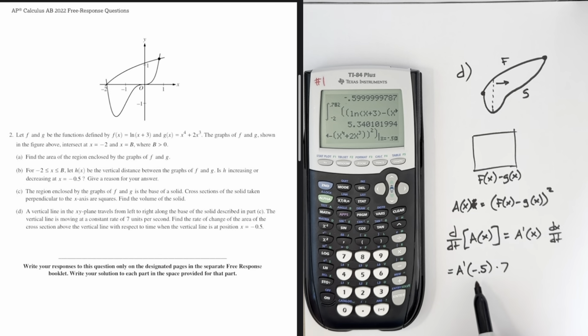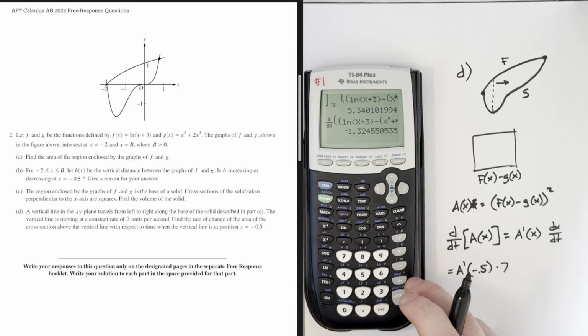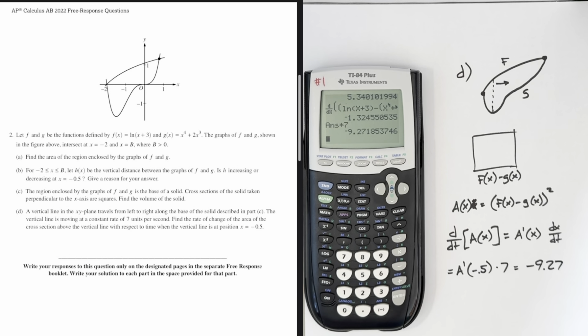Okay? And this will give me the value of A prime of negative 0.5. I click enter, and I get negative 1.32. And I'll just multiply that by 7, which gives me negative 9.27. And this will be the rate of change of our cross-sectional area, okay?